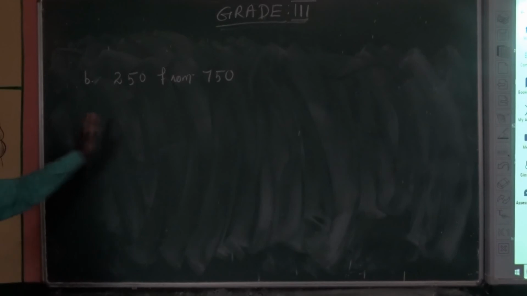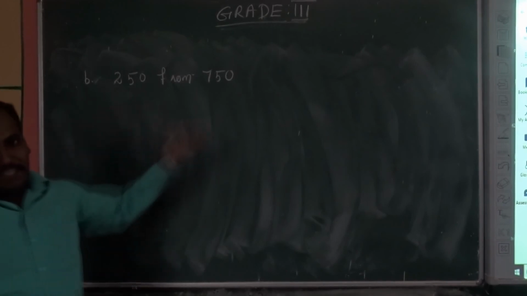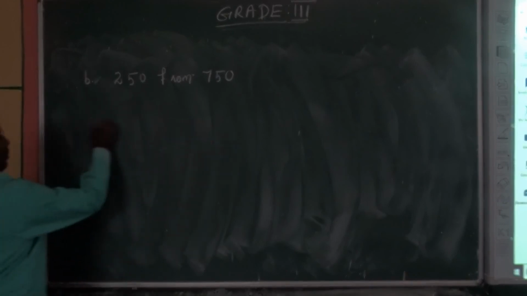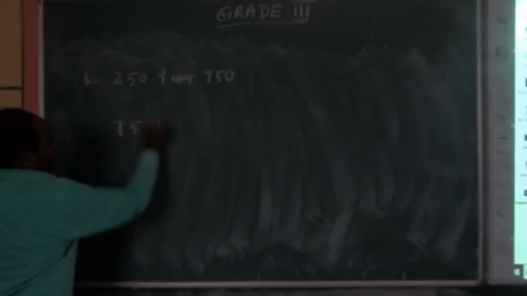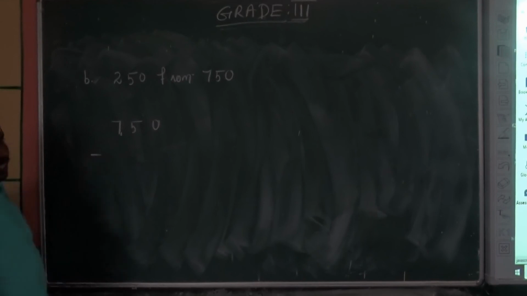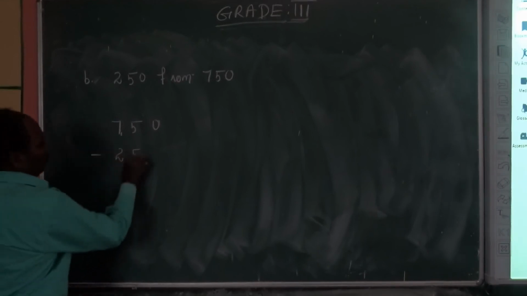Our question part is B. First, we arrange the numbers vertically. 750 minus 250.